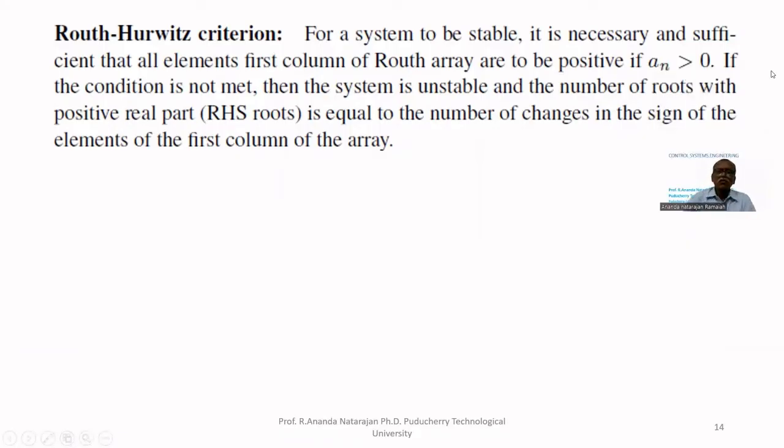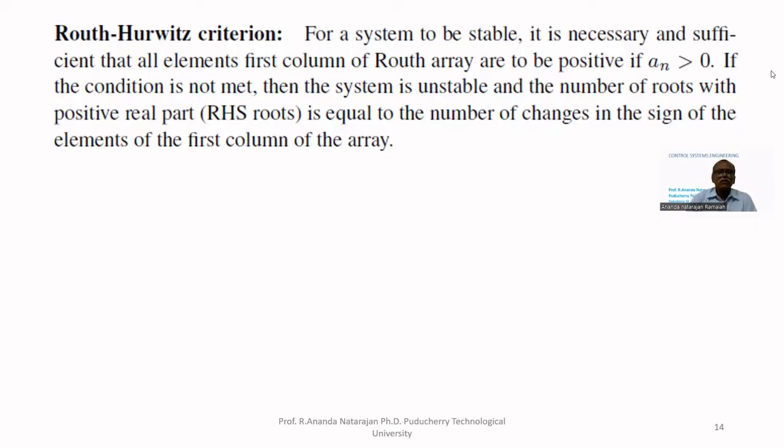The Routh-Hurwitz criterion says that the first column of the Routh array can say the location of poles. If any of the first column elements have a sign change, then the number of poles on the right hand side equals the number of sign changes in the first column of the Routh array.